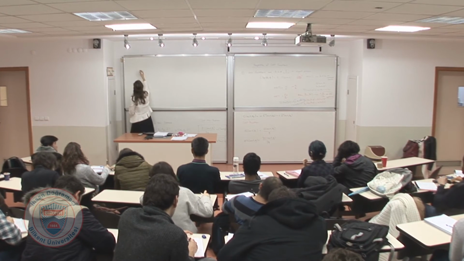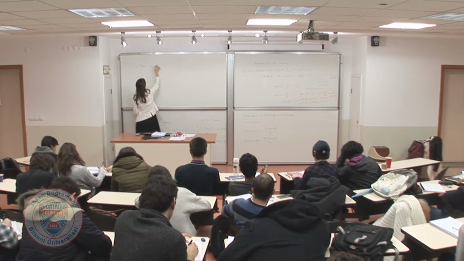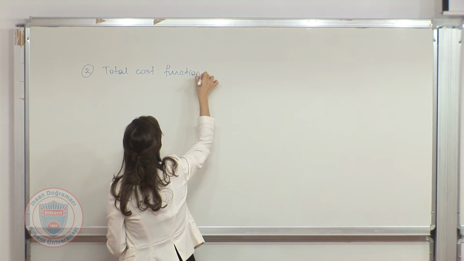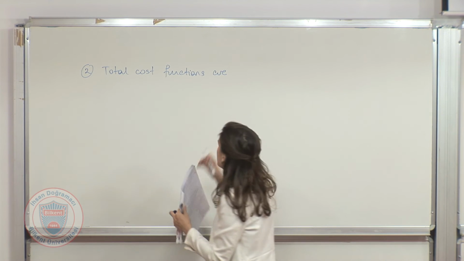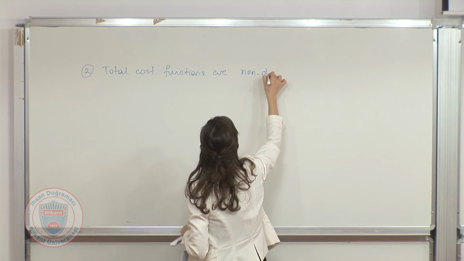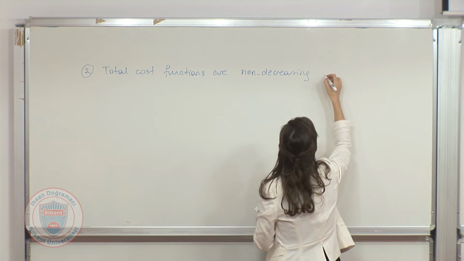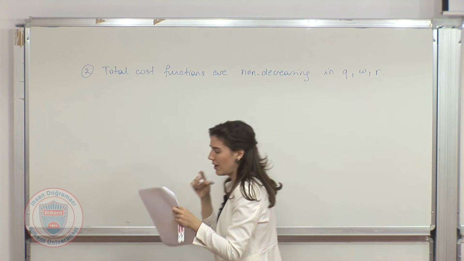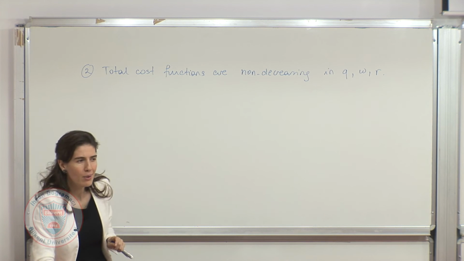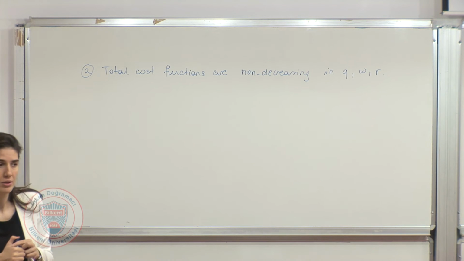We have that total cost functions are non-decreasing in Q, wage, and R, okay? What does that mean? If I want to show a function is non-decreasing, what should I do?